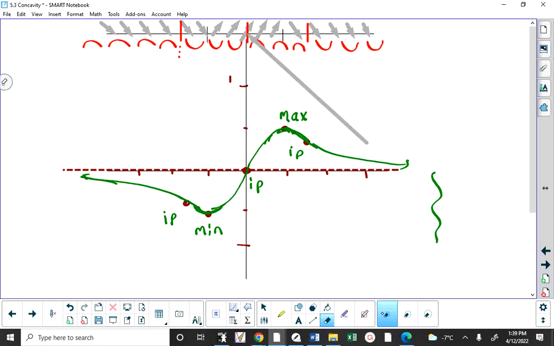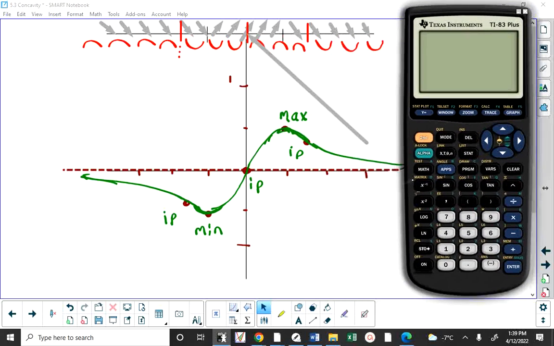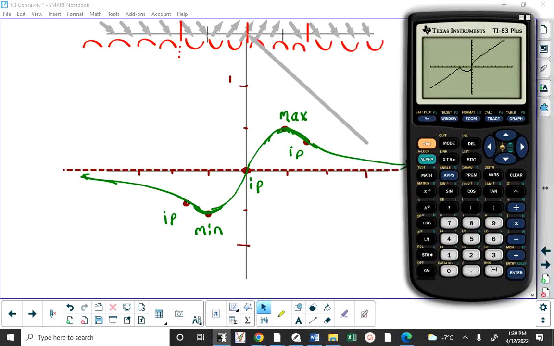And if you were to use your graphing calculator now with the same window settings, let's see how we did, or how I did, I suppose. What do we have? We have y equals x over x squared plus 1. My window settings, I went from about -4 to 4 in terms of what I drew.